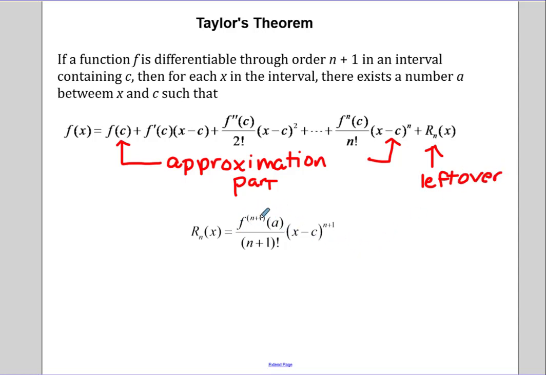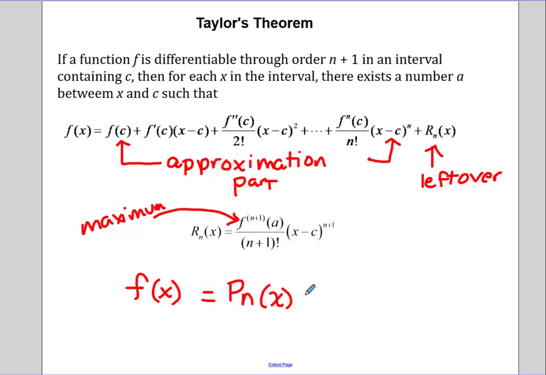And this part here is my maximum, the n plus 1 derivative at my a value. This is the maximum. So we said f of x, which is the actual function, is the Taylor polynomial, or my polynomial approximation, plus my leftover. That's the remainder at that value.